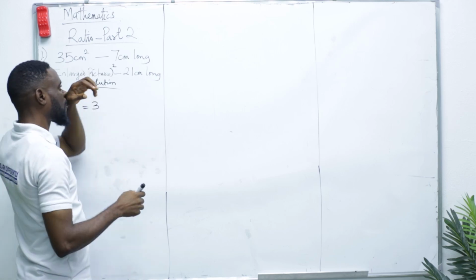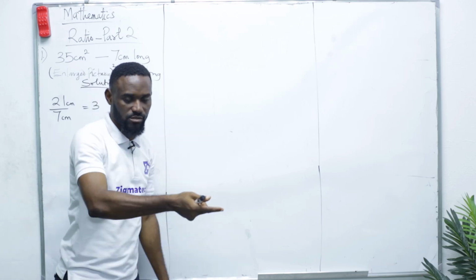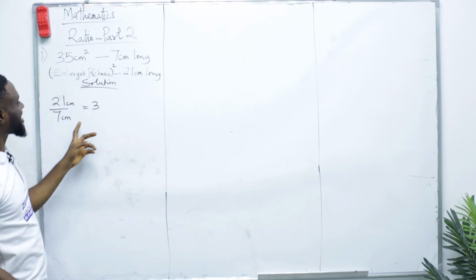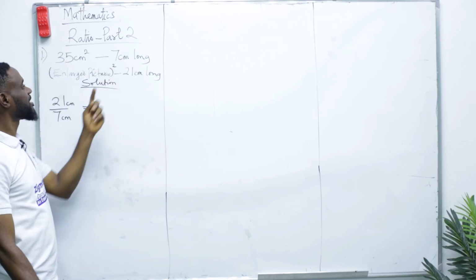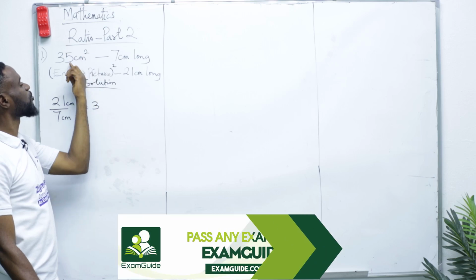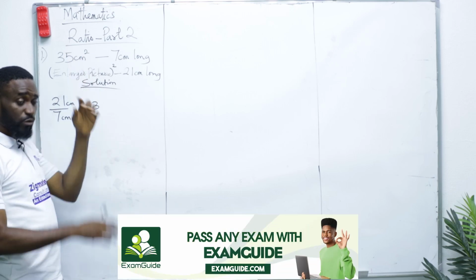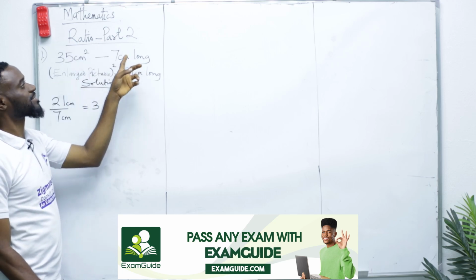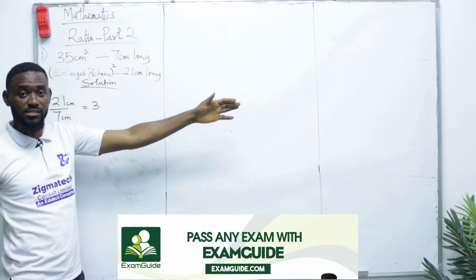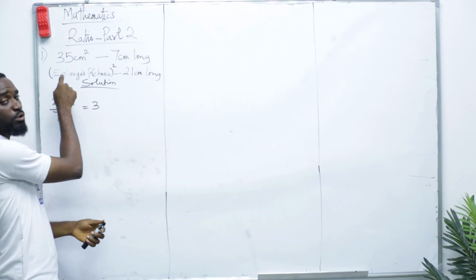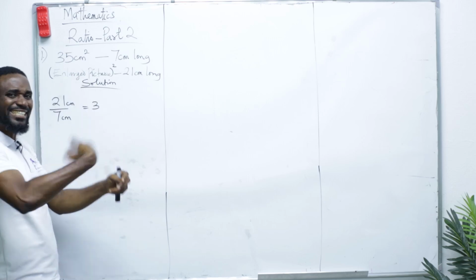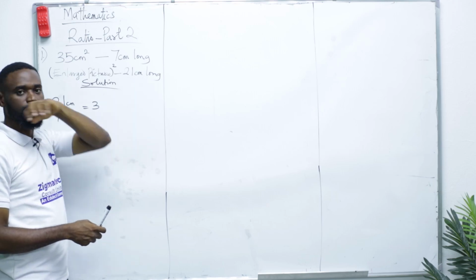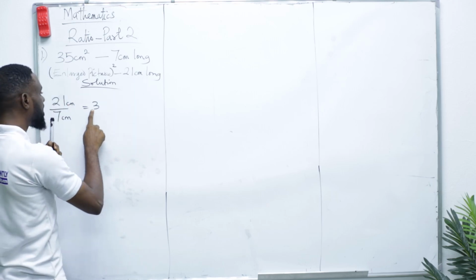So this picture was enlarged by 3 times. The original picture, whose area is 35 cm square with a length of 7 cm, was enlarged to this, which we don't know yet, but it was done 3 times. 3 times the original is why it's giving us 21.